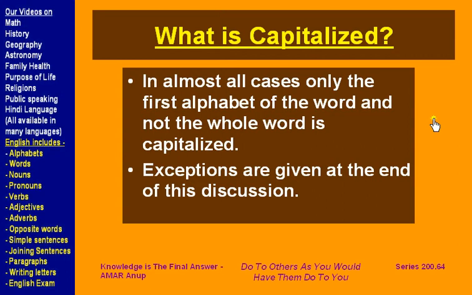So when we say that we have to capitalize so and so situation, we only capitalize the first alphabet of the word. We may capitalize the first alphabet of many words, and we will show you examples, but it's almost never that you capitalize the whole word or the whole sentence. There are very few exceptions, and we will talk about those exceptions at the end of this discussion.